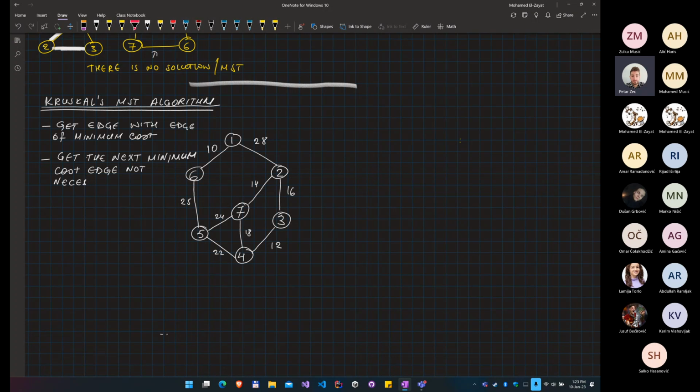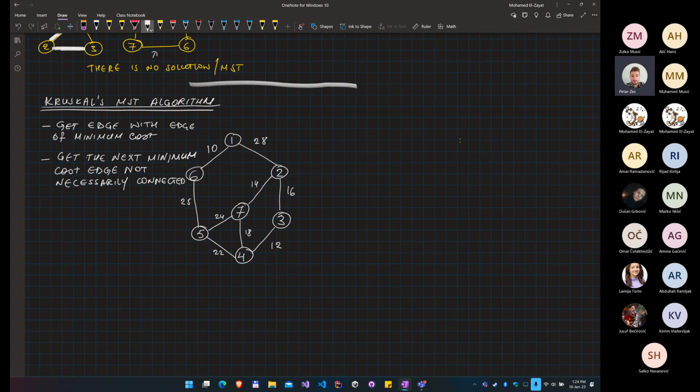I'm going to rewrite this a little bit differently because I honestly cannot remember. Not necessarily connected.